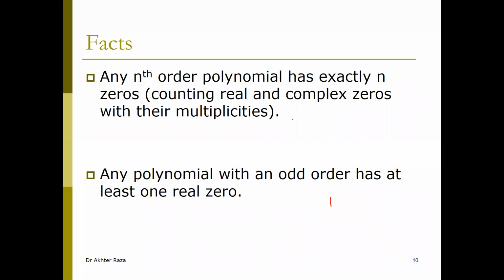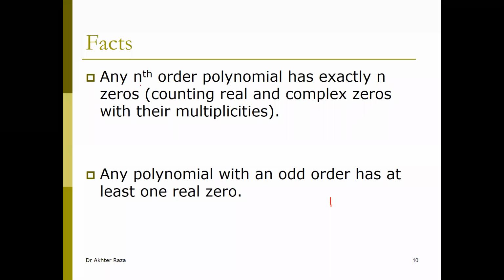What are the complex zeros? Imaginary numbers, because all of you are familiar with the two types of numbers, real numbers and imaginary numbers. These are the two types of zeros, and we have to find these zeros.